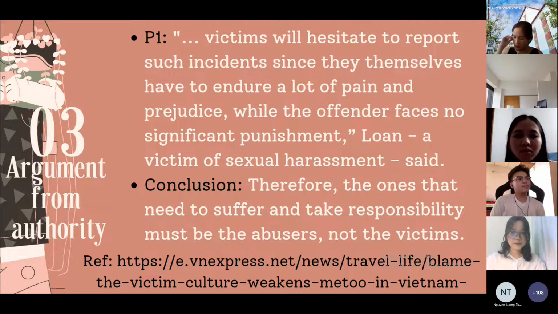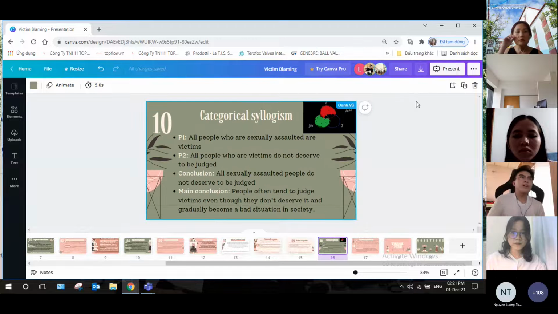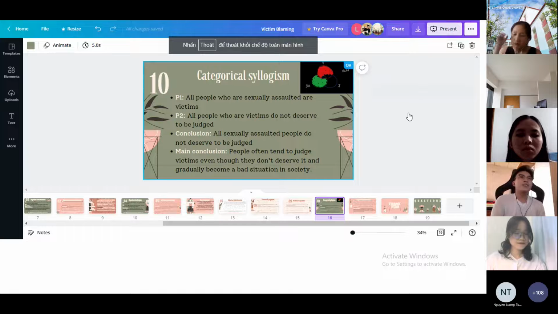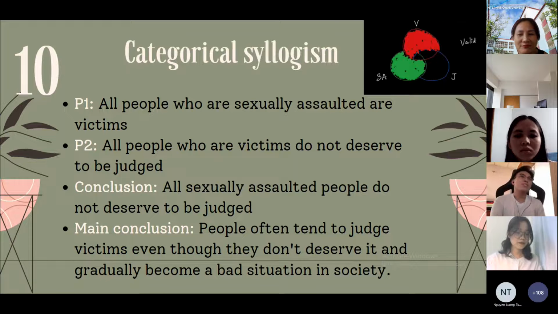And the last one of your friend's comments is about the categorical. The first thing I want to say is thanks for your feedback, Mihu. That is our mistake: we didn't add a symbolic key for the Venn diagram, and I'm so sorry about it.